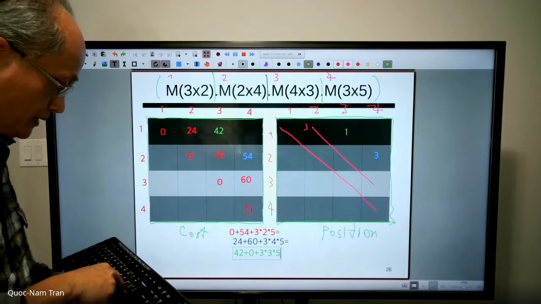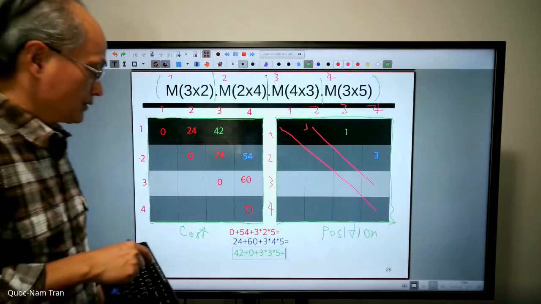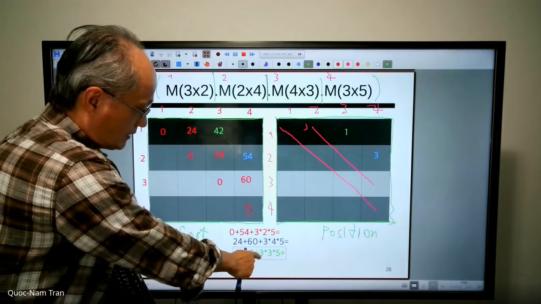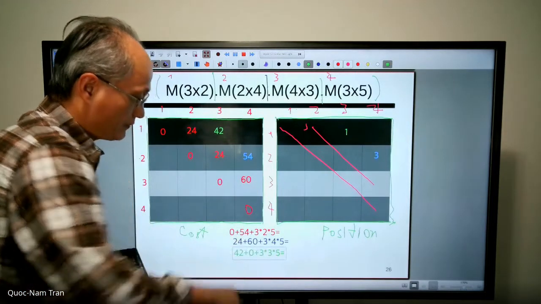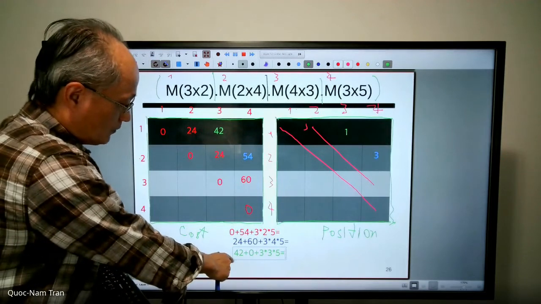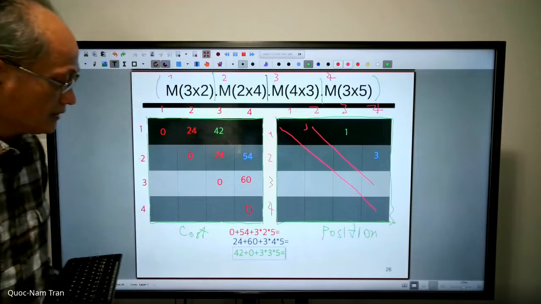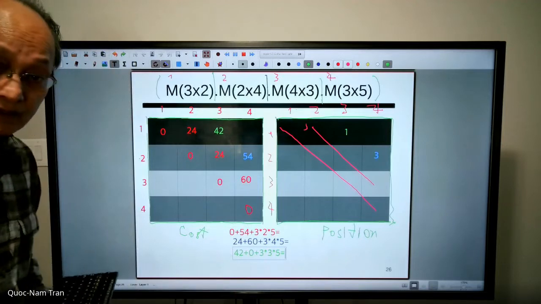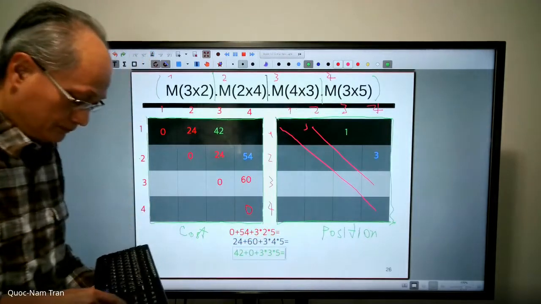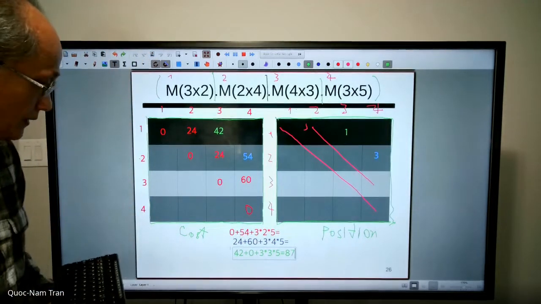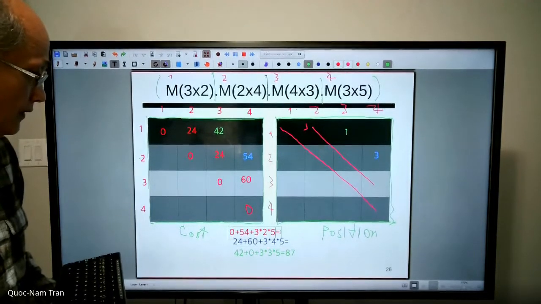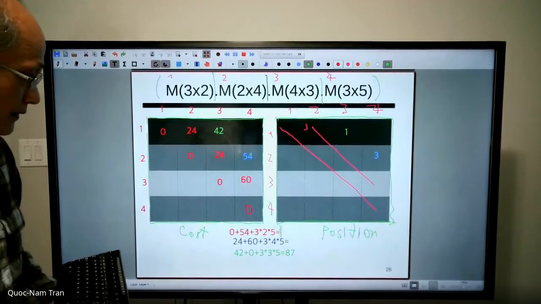So what would be the smallest value? This one is 9 by 5, which is 45, so the total is 87. And the first one, we have 84.